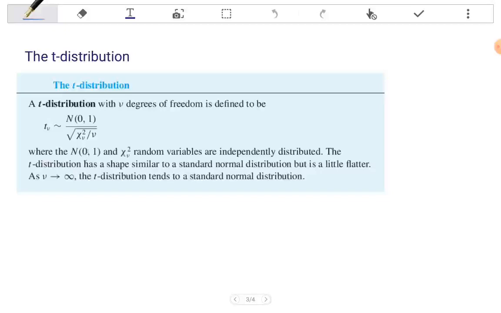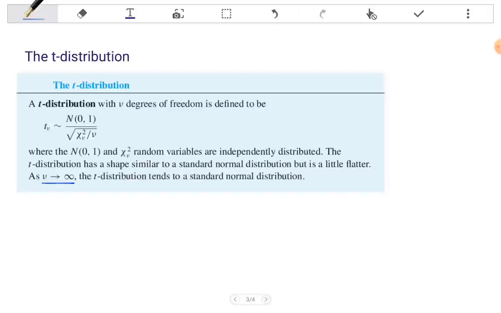And this normally distributed and chi-square distributed random variables must be independent. This t distribution has a similar shape as the standard normal distribution, but a little flatter. And if we take v too large, this denominator will approach 1, and everything will approach just the standard normal distribution.